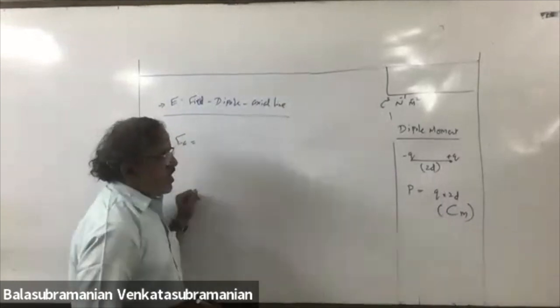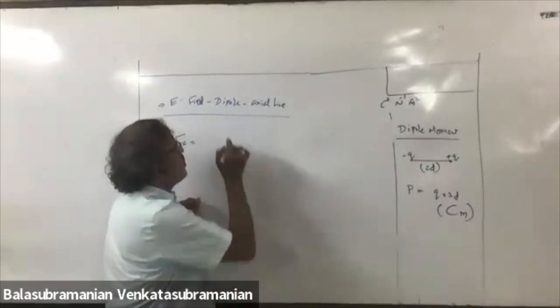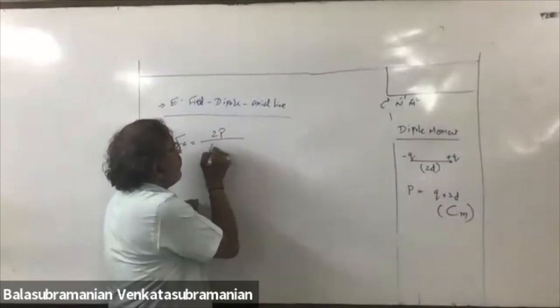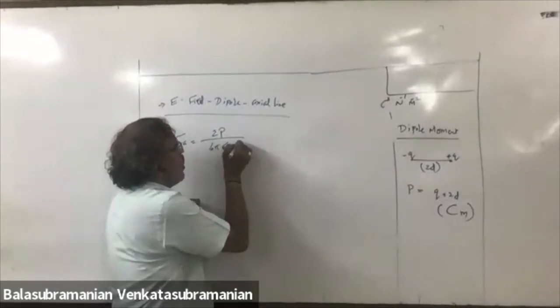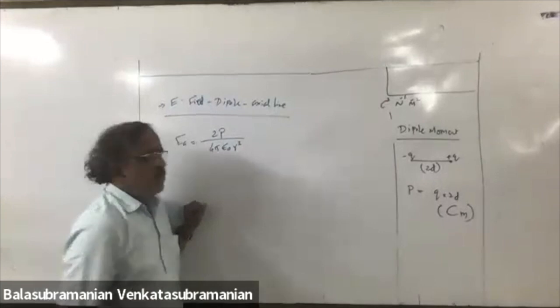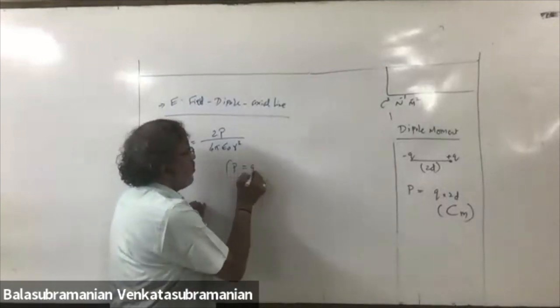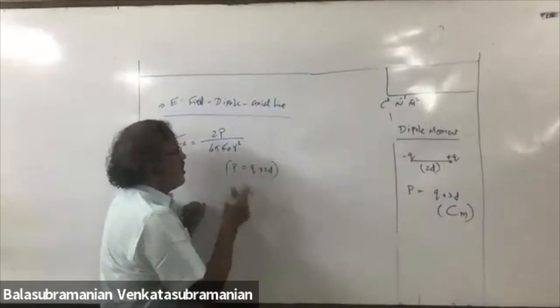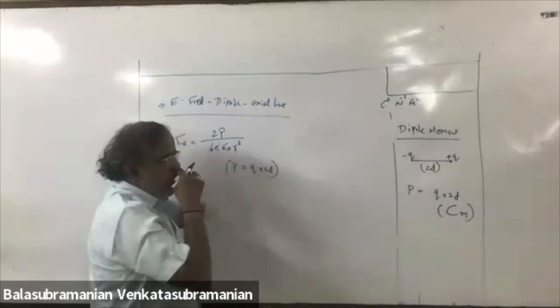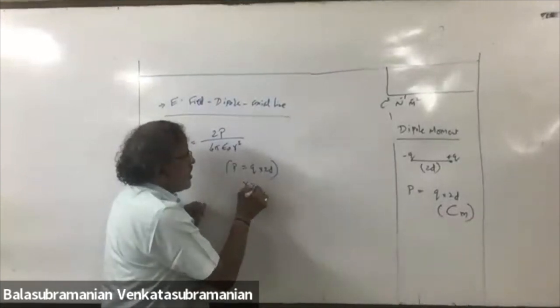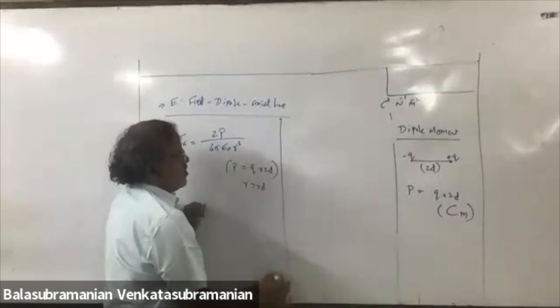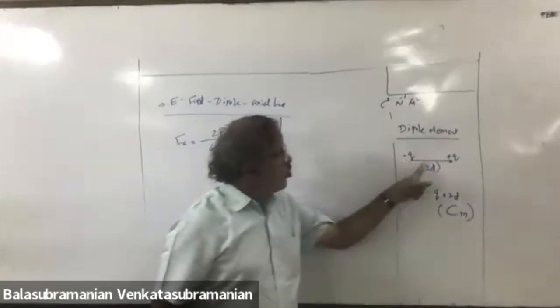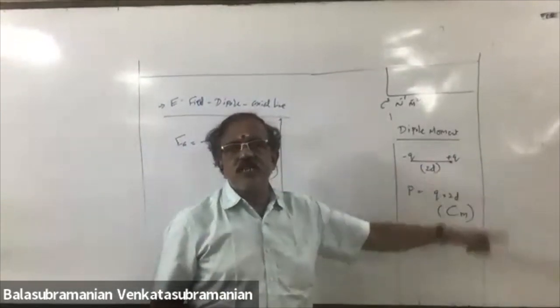The basic formula for this is 2p by 4 pi epsilon naught r cube, where p is called the dipole moment, q into 2d. Here, r is very much greater than d. 2d is the distance between the two charges.